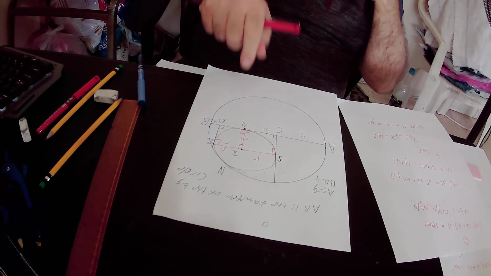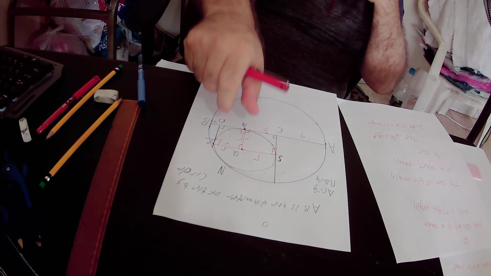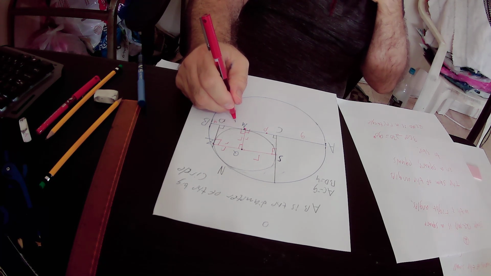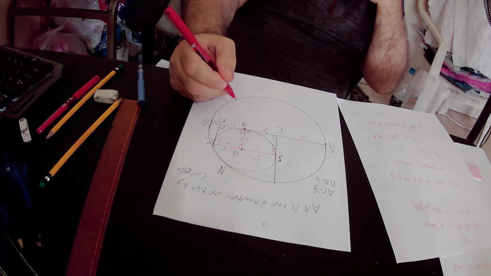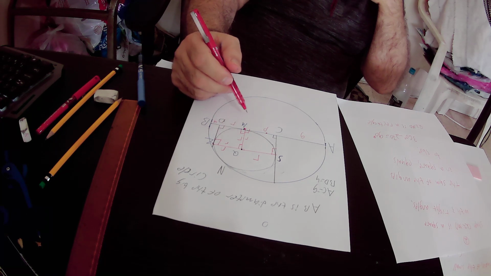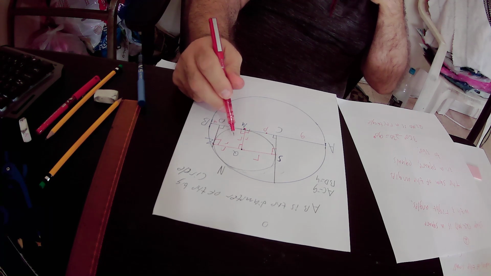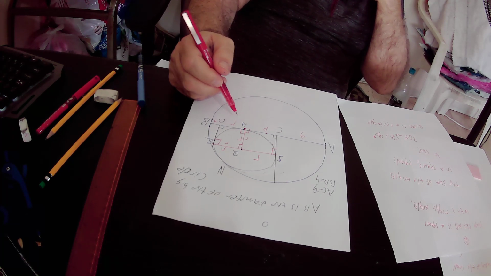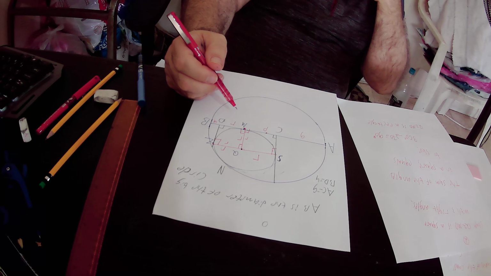And we know that QZ is the radius of the small circle, so MD also must be equal to the radius of the circle. Because the opposite sides in any rectangle are equal, if QZ equals R, then MD, which is opposite to QZ, also equals R. Okay?